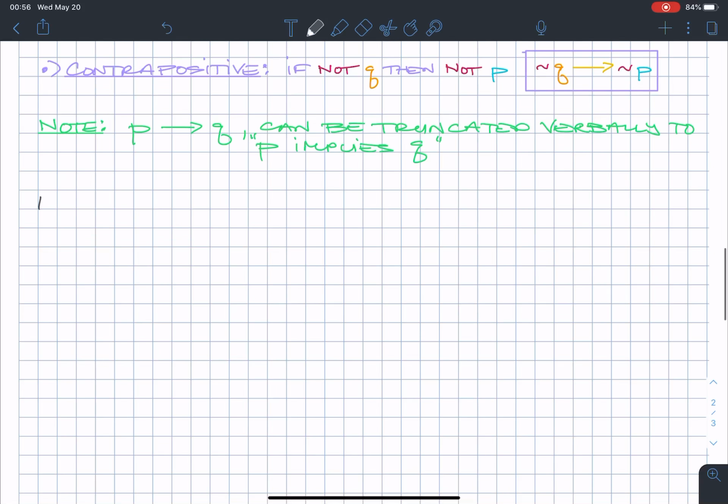So for example, let's illustrate the related statements.